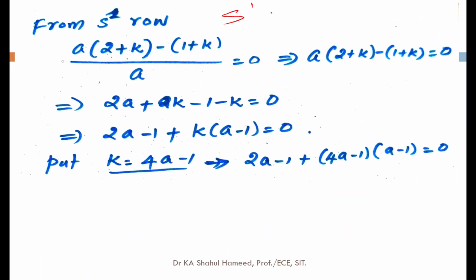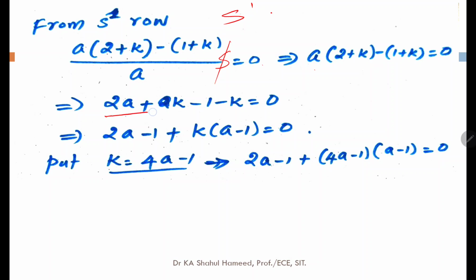So a into 2 plus k minus 1 plus k divided by a into s is equal to 0. Okay, so I'm just removing s, so I'll get this term is equal to 0. So when I am multiplying a with 0, I'll get a into 2 plus k minus 1 plus k is equal to 0.